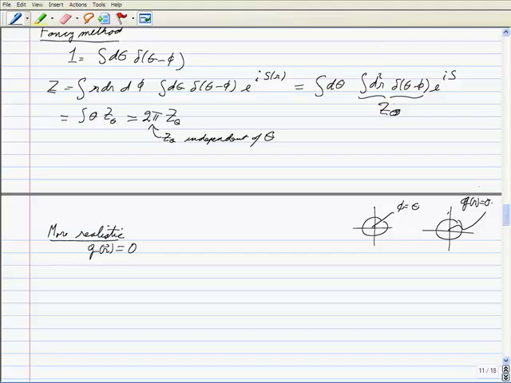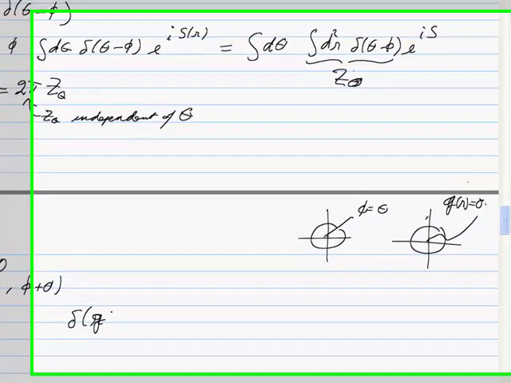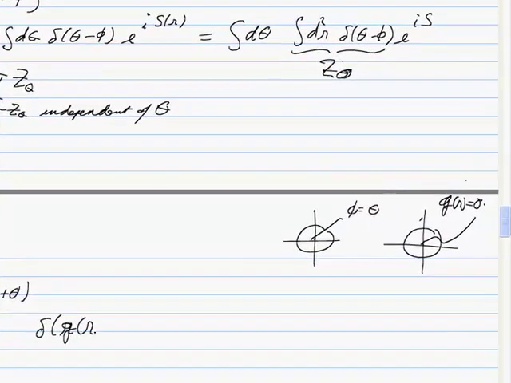So now if we let r of theta equal r and phi plus theta, where theta rotates this by a little bit, the equivalent identity is the integral d theta of delta of g of r of theta.